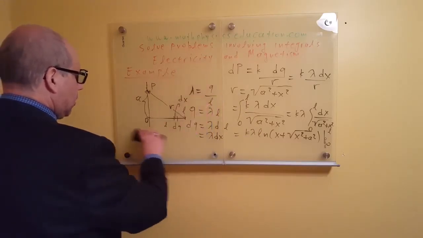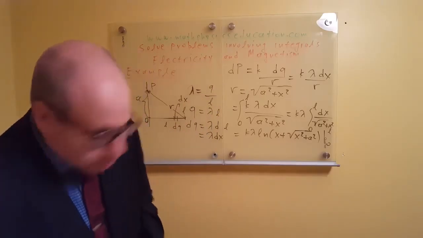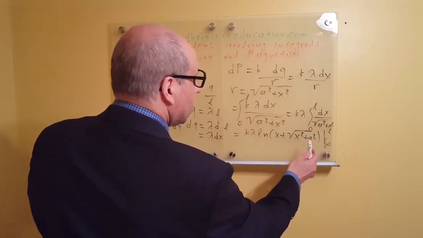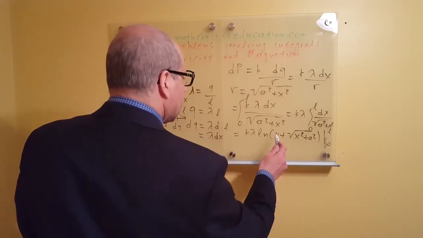You put x equal to 0, so that is the square root of a square, so that should be the ln of a.